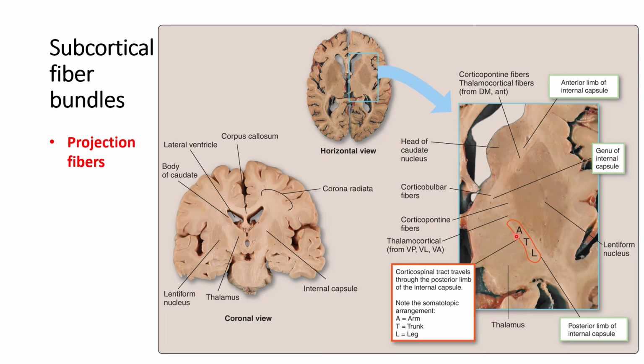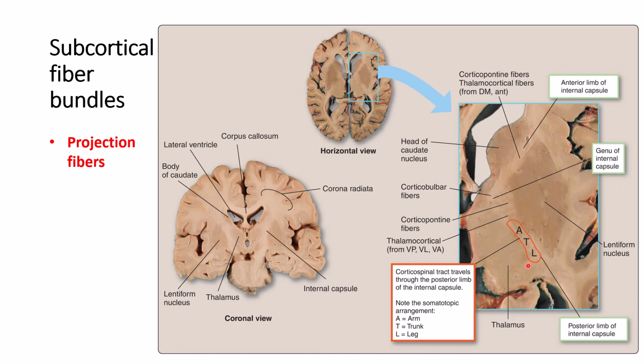In the posterior limb, you can see thalamocortical fibers, again from the thalamus going to the cortex of the brain, but coming from different areas: VP, VL and VA, the ventroposterior, ventrolateral, and ventroanterior groups of thalamic nuclei.